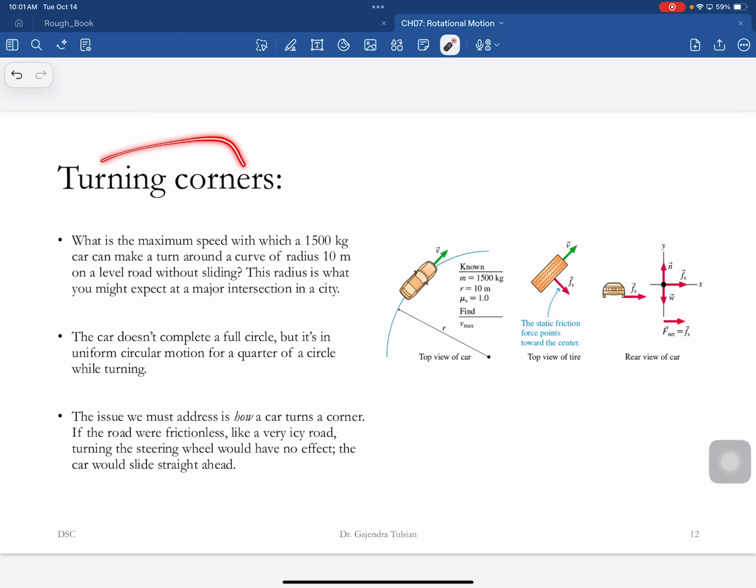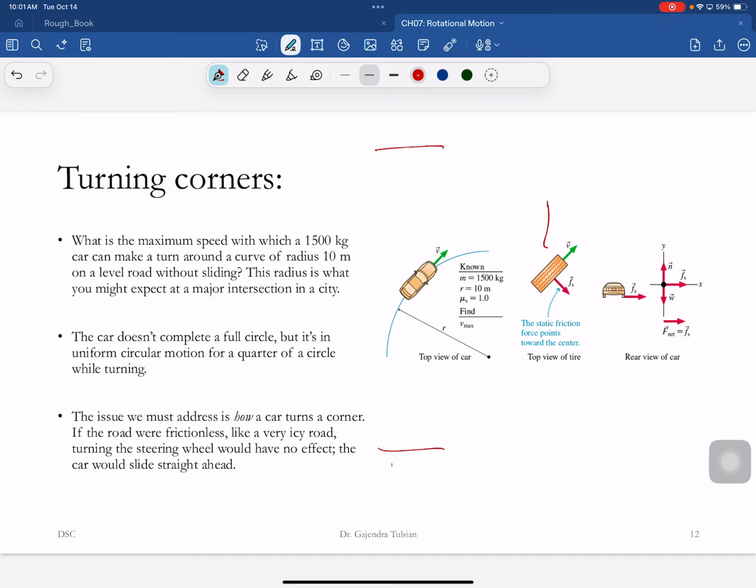Okay, so here's something that you do every day. Let's say here's a four-way intersection, and you turn to go to that road.